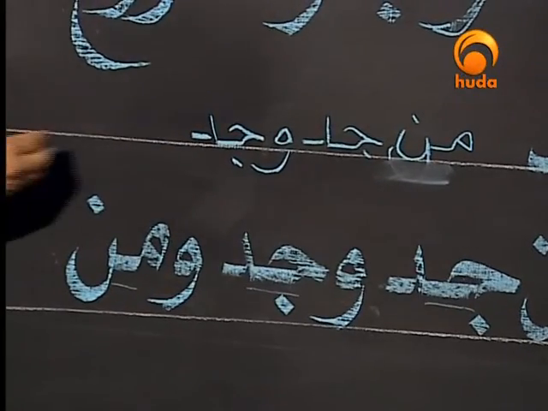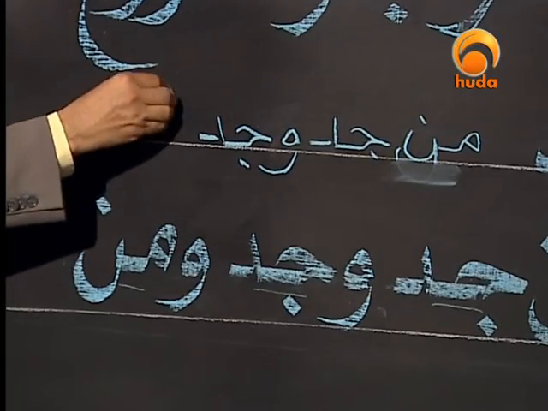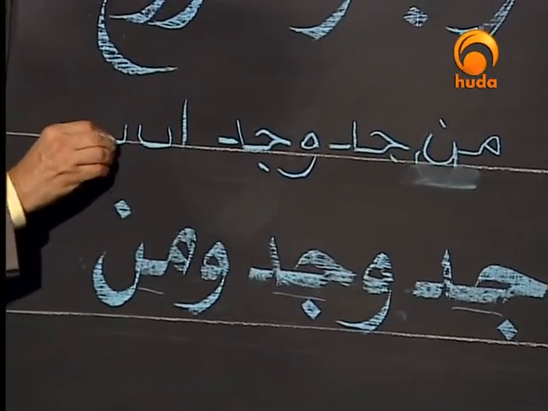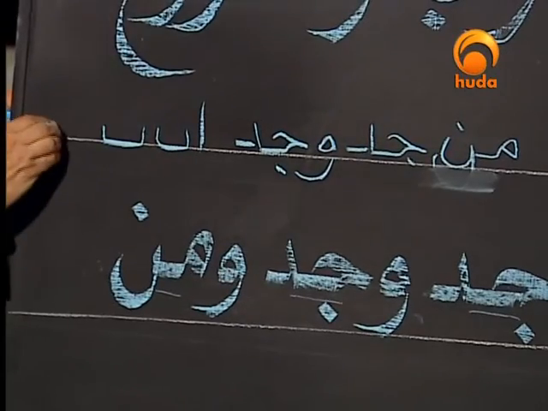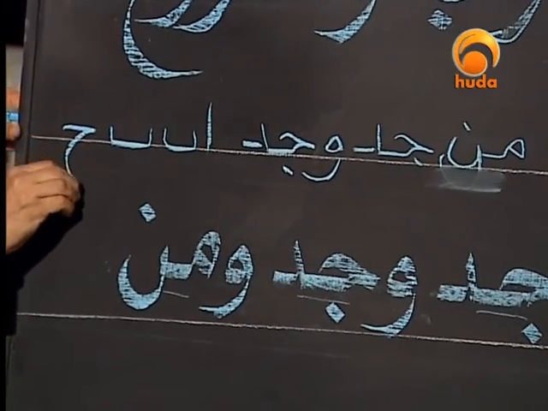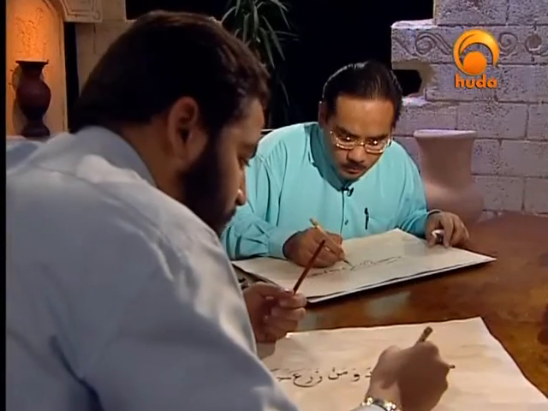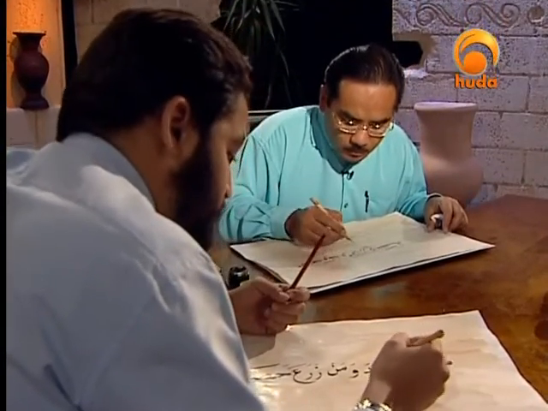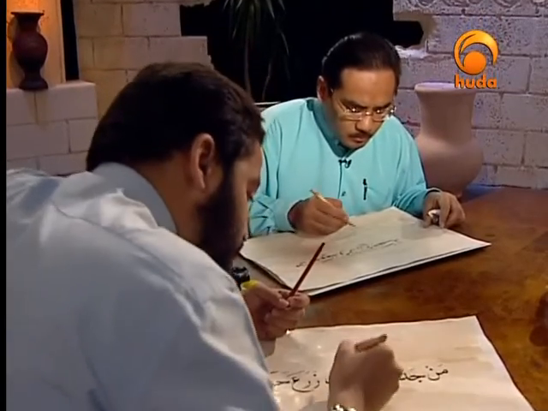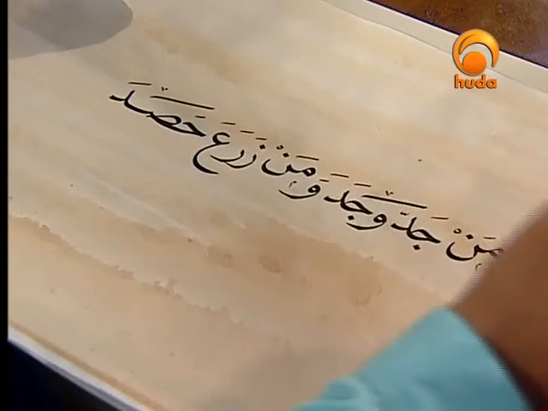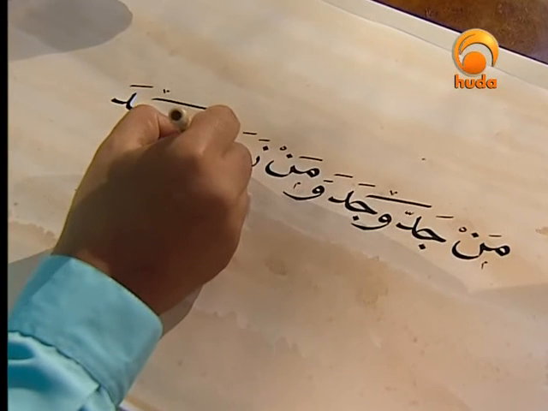So I think this will be the easier way to make a line and start writing either alif or ba or ta or jim. Something comes on the line and the other part of the letter comes below. The line helps you so much as a guide to make your lines straight.